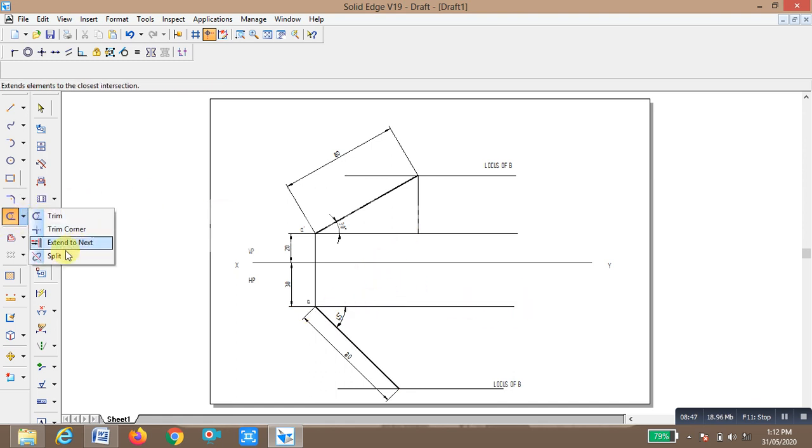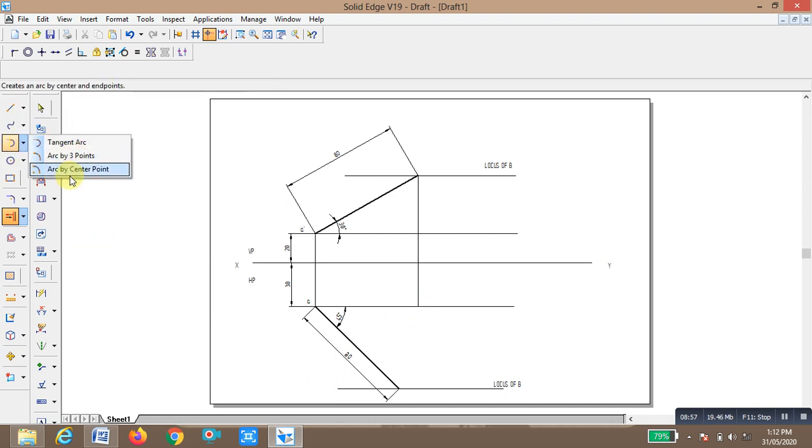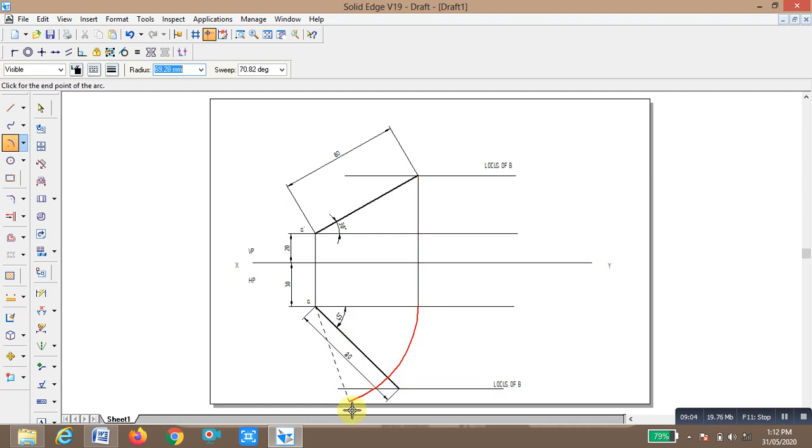Now you take the arc by center point. This is the center, this is the radius, draw the arc. Next you trim this extended line at the locus point, you connect this point, and that line we call the apparent length.